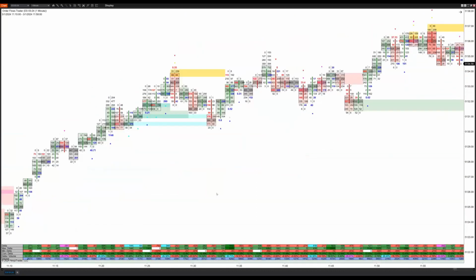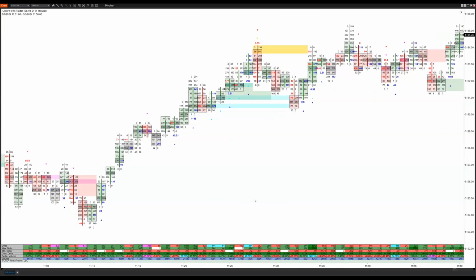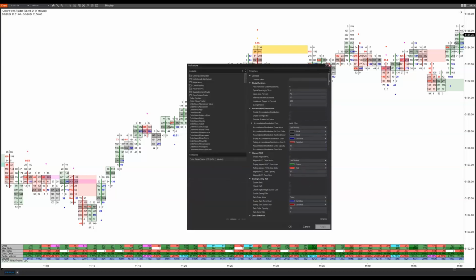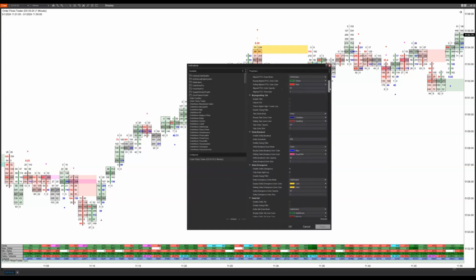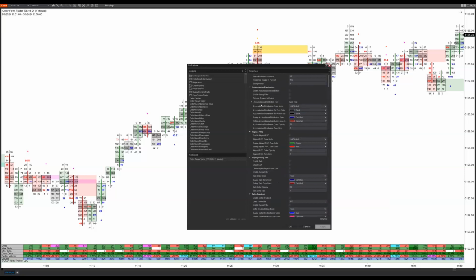Now, one of the other big updates that we've made, which is something that I like to use a lot, is under the global settings. You see swing period, okay? And now with the majority of all the tools, the existing tools and the new tools, you have a choice to enable the swing filter, okay?